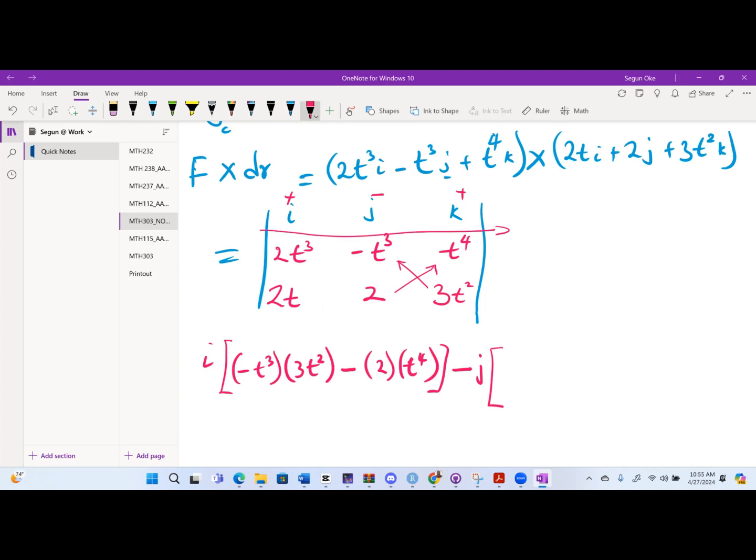This is fine. Then we are dealing with the second column now. This second column, which is j, we paralyze. It remains this and this. So which is 2t raised to power 3 multiplied by 3t squared, minus t raised to power 4 multiplied by 2t.